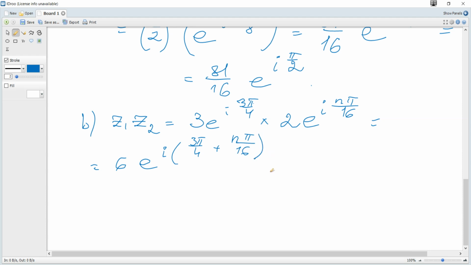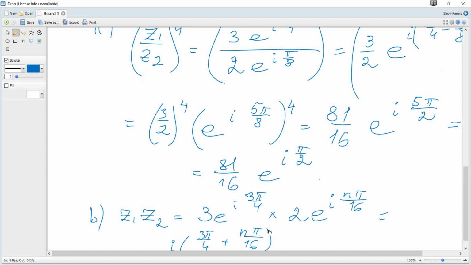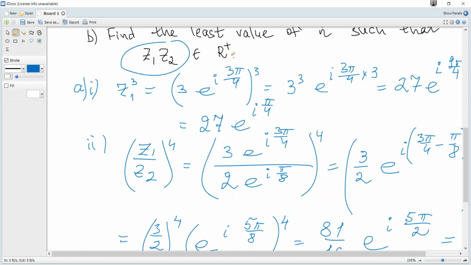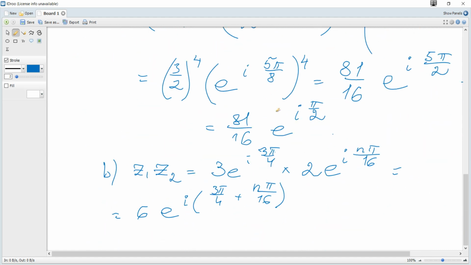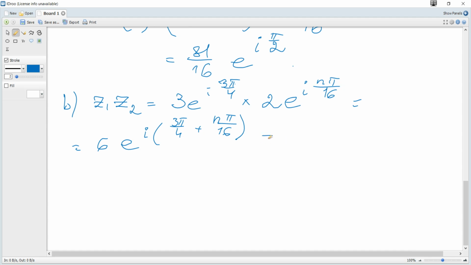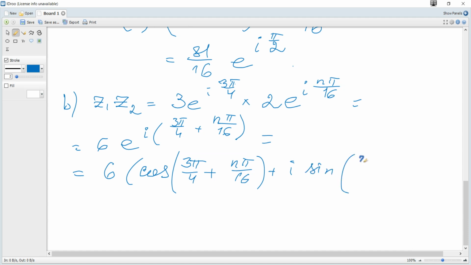And for such type of questions, when you need real or real positive, we need to represent it in the modulus argument form, like this: 6 cosine of 3 pi over 4 plus n pi over 16, because it's the argument, plus i sine of 3 pi over 4 plus n pi over 16.